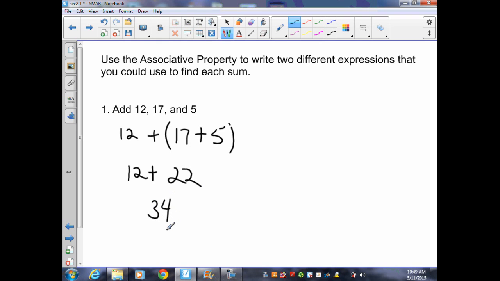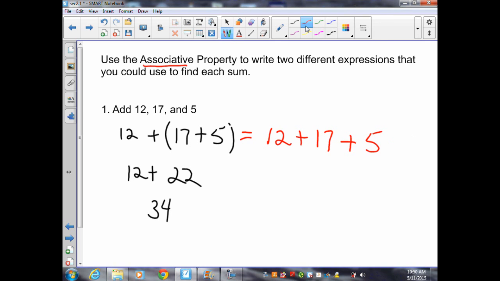Now, since I'm going to use the associative property, I need to have this value, which is 34, be the same over here. It's going to look very similar. I'm going to keep the same order, which is 12, 17, and 5. Now recall, it asked me to use the associative property.